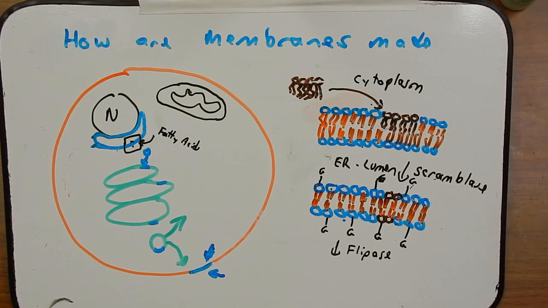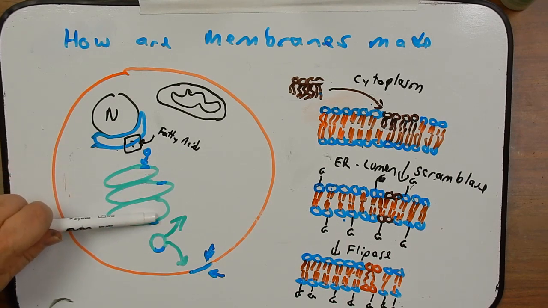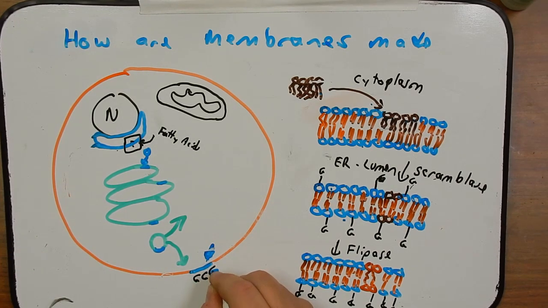So what might happen here during this flipping process, we'll end up with all the glycolipids that are needed to be on the outside of the cell to one side of the membrane, so that as it's going through this Golgi and it hits this vesicle and ultimately ends up on the plasma membrane, all of the ones that need to be glycolipids are all out there. And we don't have any glycolipids on this side or on this side here.